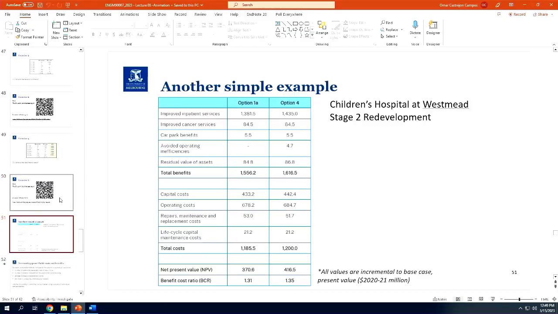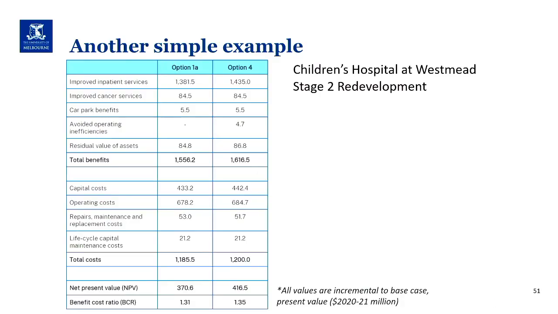And this is just another simple example of some options. So here is a little bit more detail about one option, what you can consider as total benefits, as total cost, and then based on those, you can estimate the net present value and the benefit cost ratio.